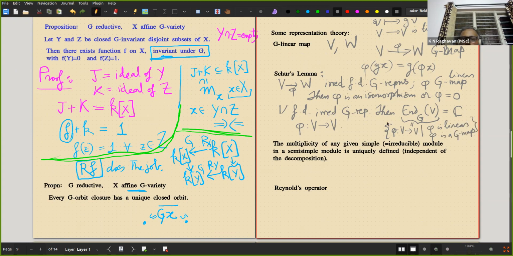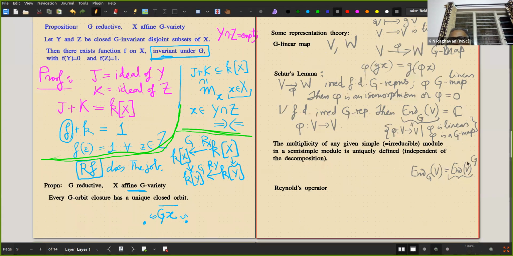And here is another exercise if you haven't seen this. End_G(V), sorry, I'm messing this up. I should probably move this even. Just bear with me, please. So this is also equal to End(V) upper G. Now what does this mean? Well, G acts on V, and therefore G acts on anything that is associated with V. So G acts on End(V).